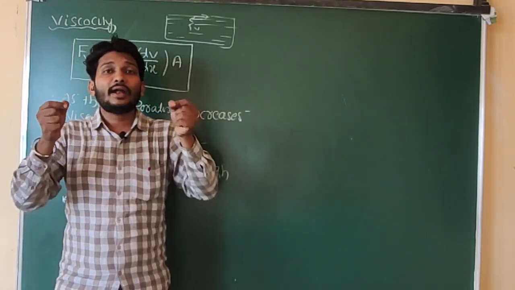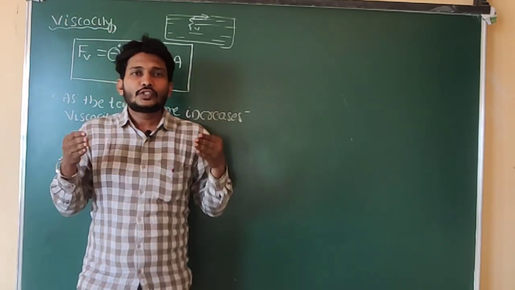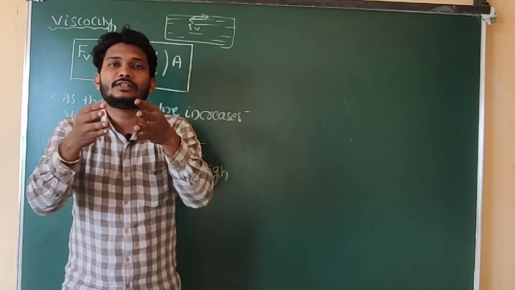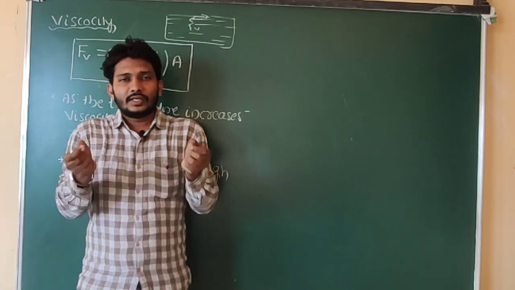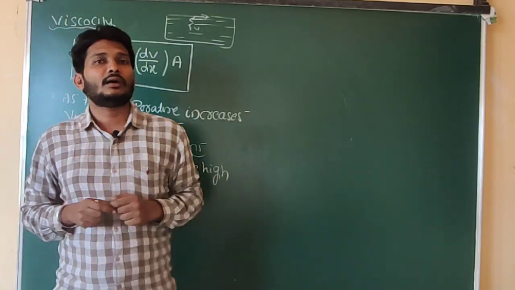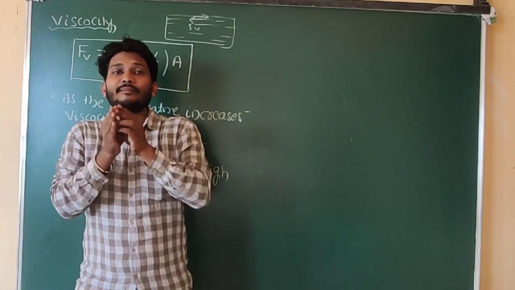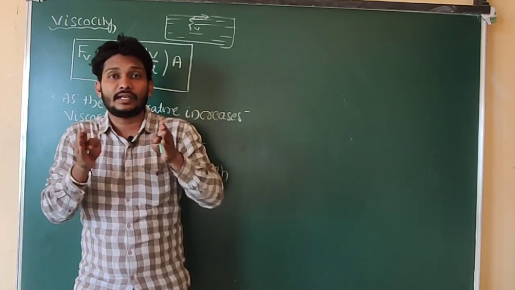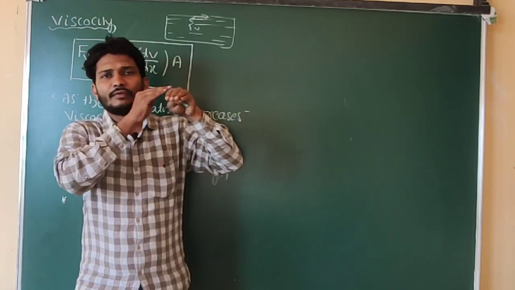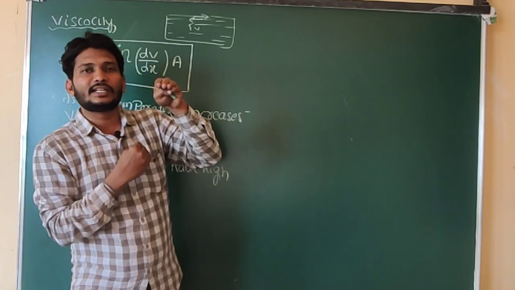In order to avoid it, in most automobiles the front part is made sharp in shape, so that the vehicles can avoid viscous force. If the front shape is very sharp, the air easily gets split.